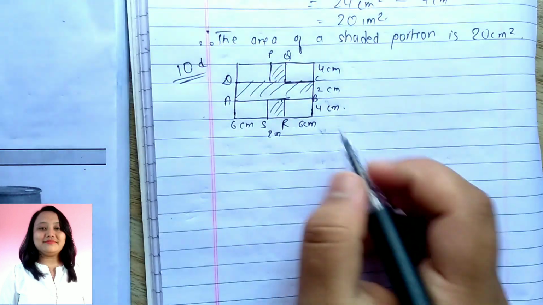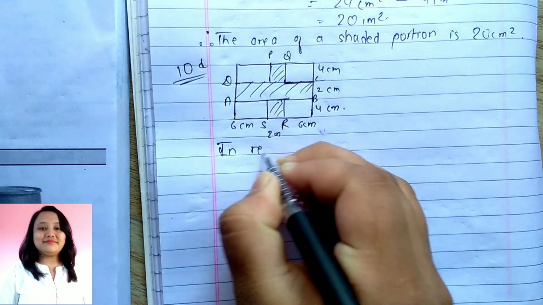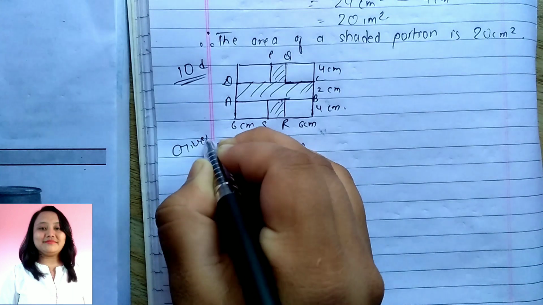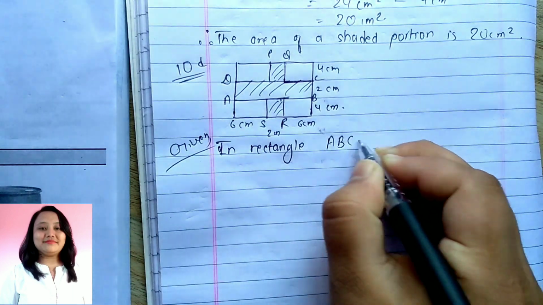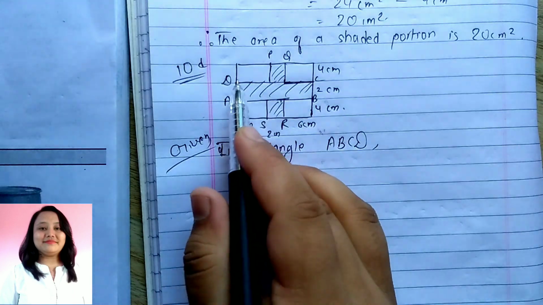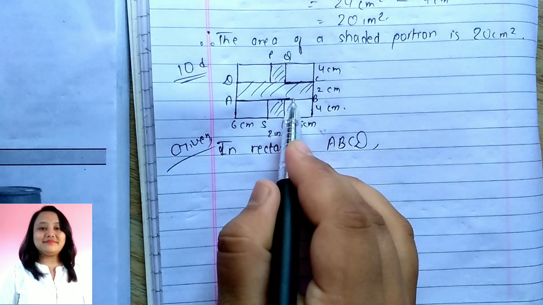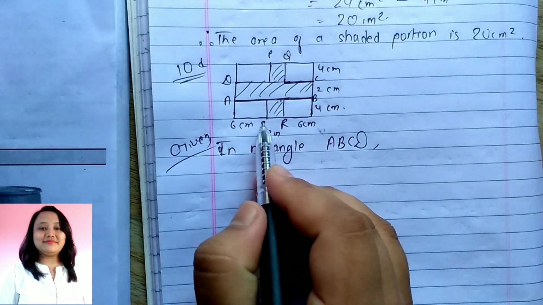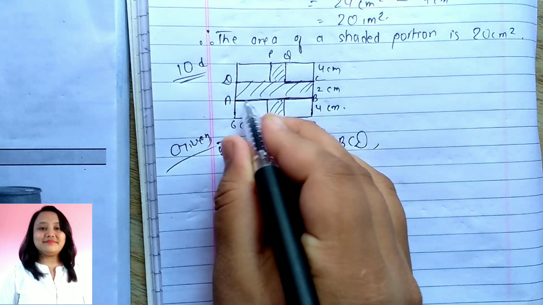Now in rectangle ABCD, length is the whole length, equal to 6 plus 2 plus 6, because we have to add all this.